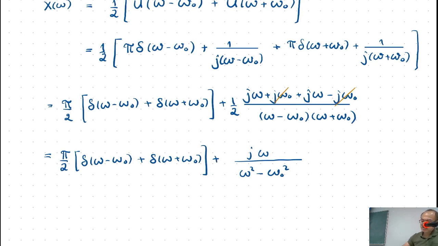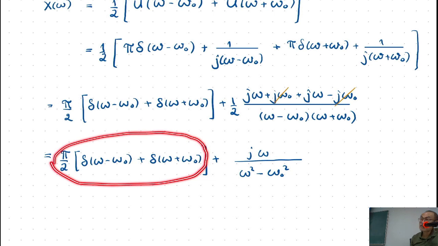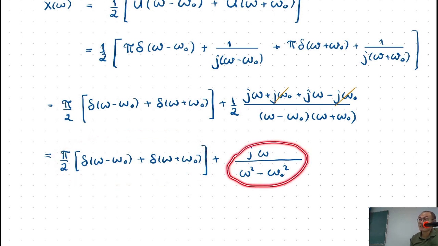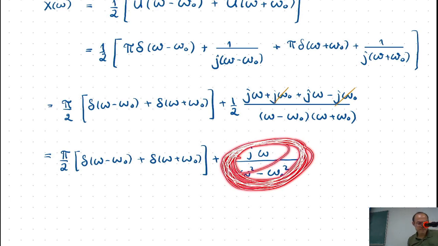So this is the frequency spectrum of the switched cosine. This is the spectrum of cosine, and then you have to add this little thing here because this is a result from the switch process. This is a result from the unit step function.